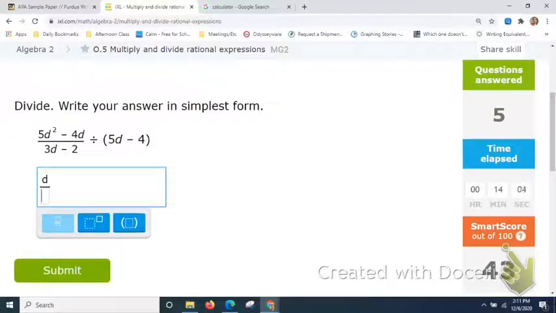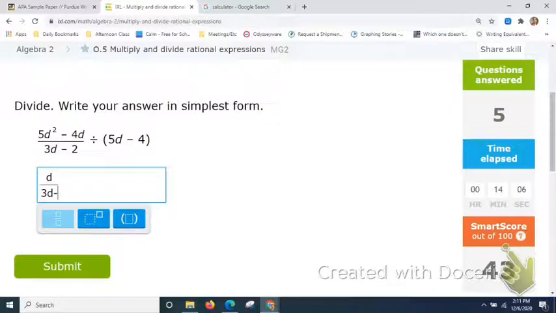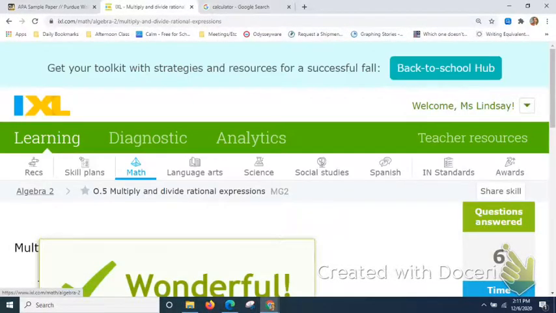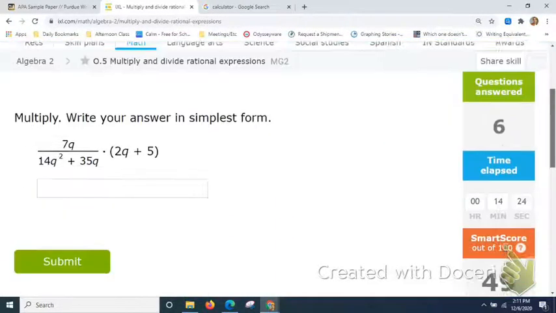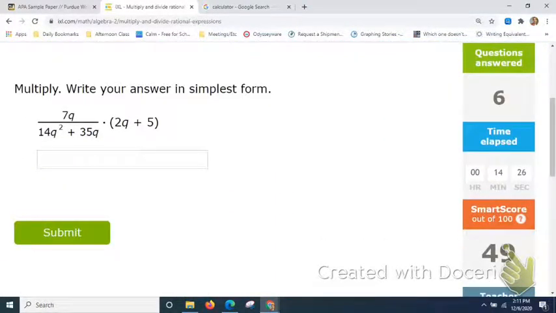And then in the denominator is still that entire expression 3d minus 2. It is okay if you want to put that in parentheses down there. It's not necessary, but it's not going to mark it wrong. If you have a binomial in your numerator or denominator and you put it in parentheses, it's okay.